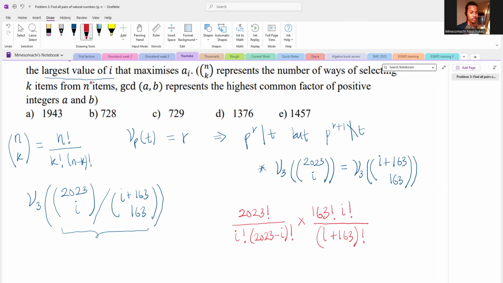Let's see how we can simplify. The i factorial can cancel out with the i factorial.